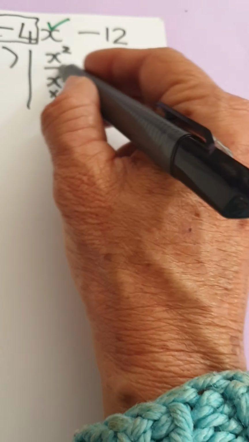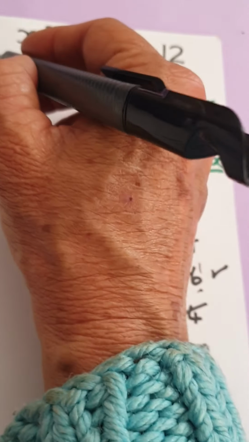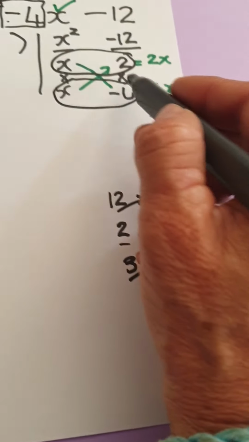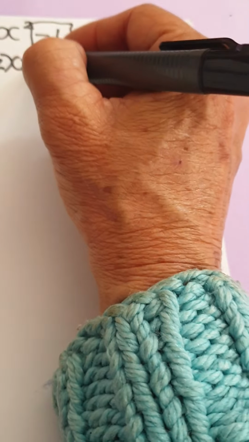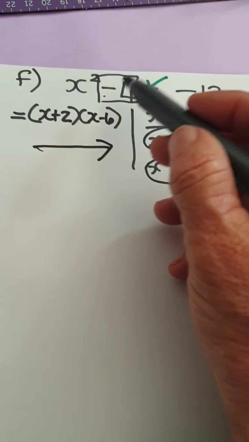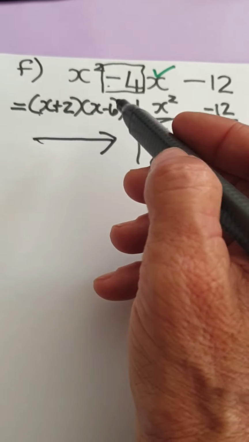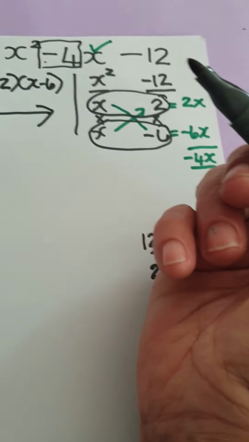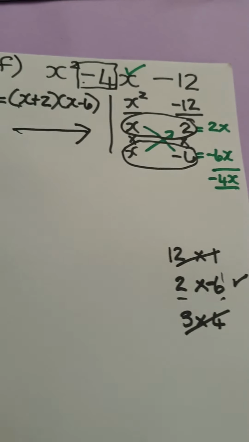First bracket is x plus 2. Let's put it in. And second bracket is x minus 6. And I am done. The factors of x squared minus 4x minus 12 is x plus 2 times x minus 6 brackets. I hope that helped.